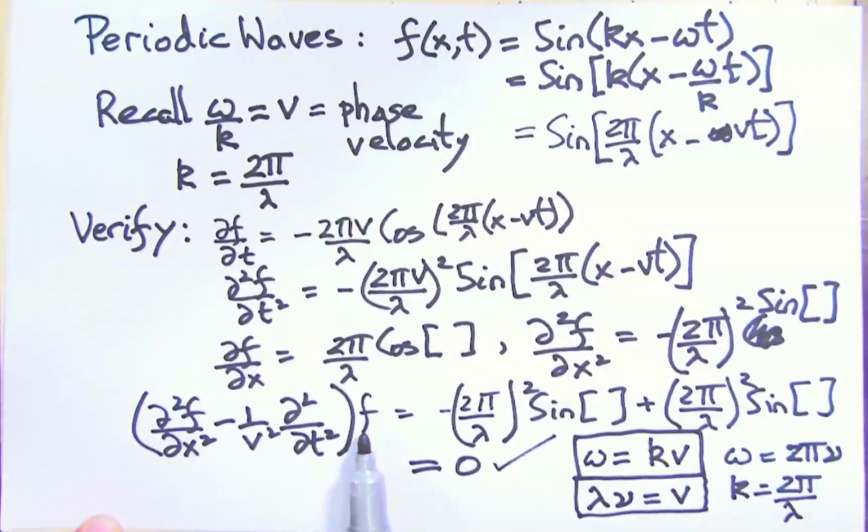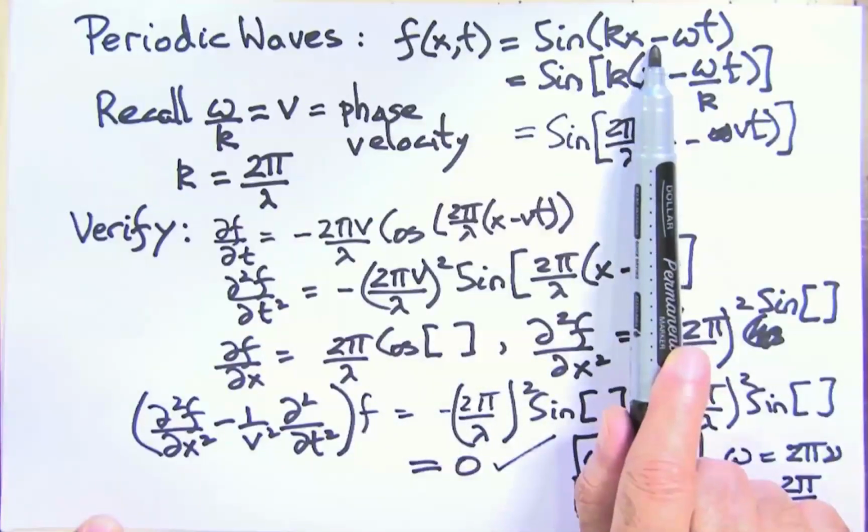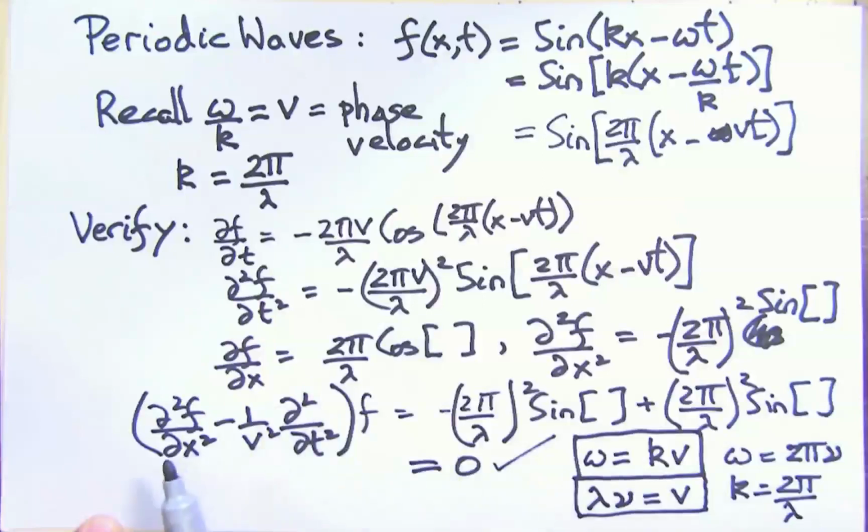We check that explicitly. If you had over here plus omega t instead of minus omega t, it would also have satisfied the wave equation. No difference whatsoever, because when you take second derivatives, the negative signs cancel out.